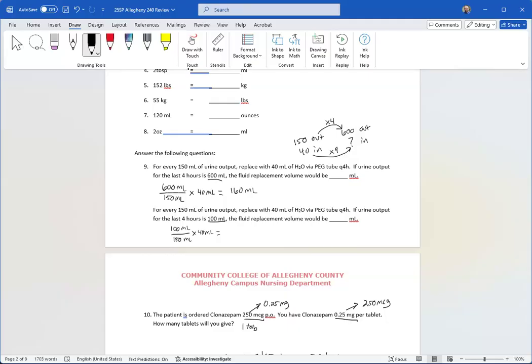So 100 times 40 divided by 150 is 26.6 repeating, so this patient would get 26.7 milliliters. I don't think you're going to see a question like this; it'll look more like the other one. I put this here for practice so you know what to put where, because if you reverse these numbers, you'll get an incorrect answer. So good question.